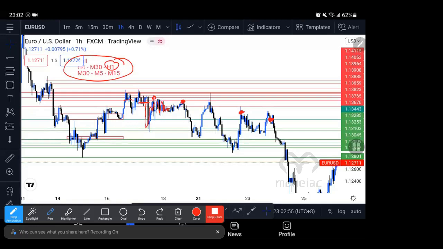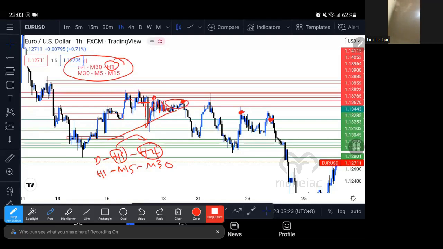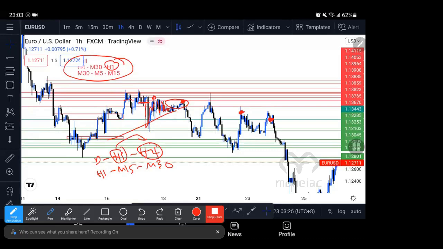Then I look over the bias also, which is the daily, H4, H1, M15, M30. So when I see the H1 buy is failing at H4, which is over here, see. This is how I get my entry over here, and I'm using the divergence trend line. I didn't get to tell you guys about the trend line divergence yet.